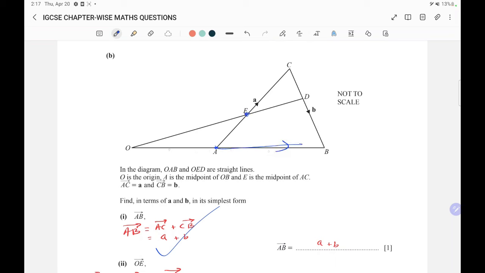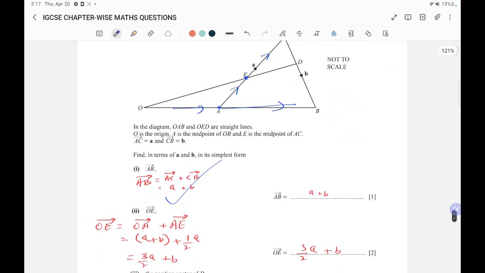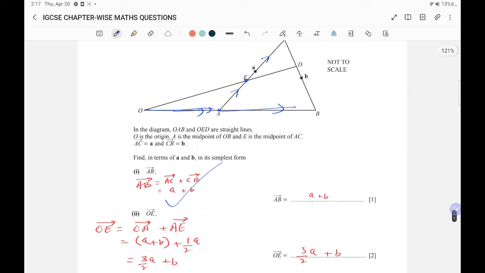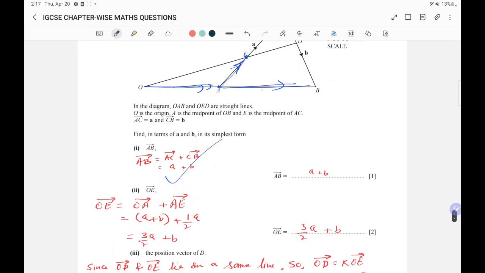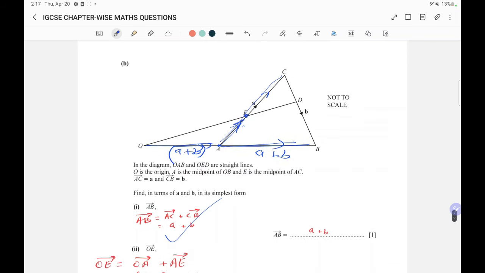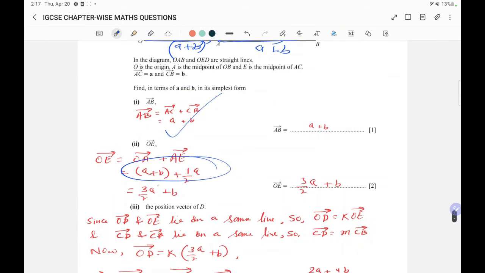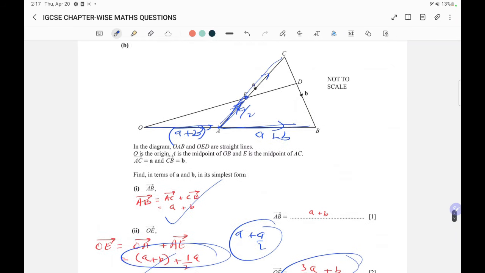It means this vector must be equal to this vector and this vector must be equal to this vector. By the way, OE we need to find. So I can find this plus this. AB was a plus b, so this is also a plus b, and this whole is a, so this is half. So a plus b plus half. Now a plus a by 2 is 3a by 2, and b. So we got the OE vector.